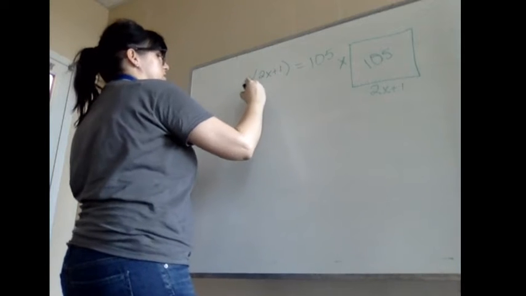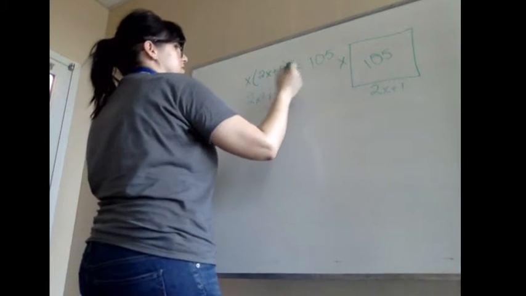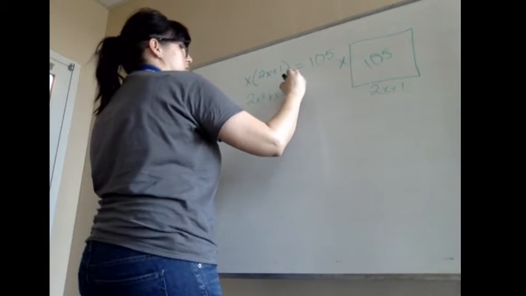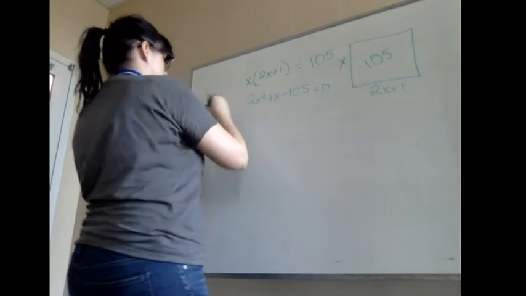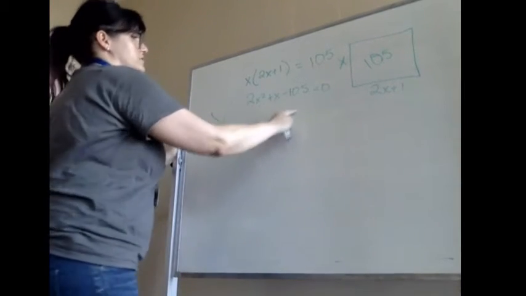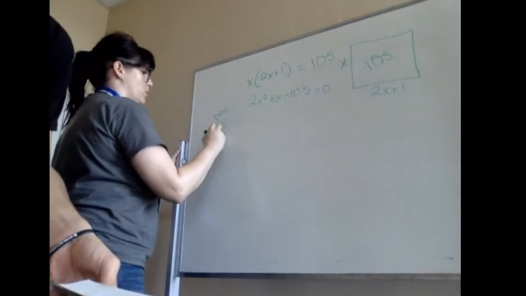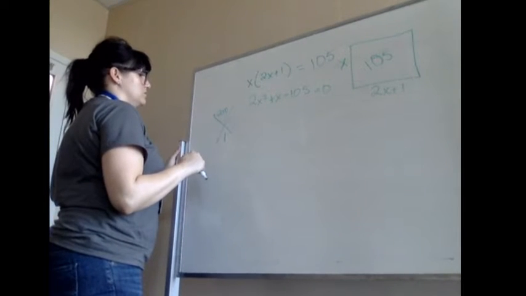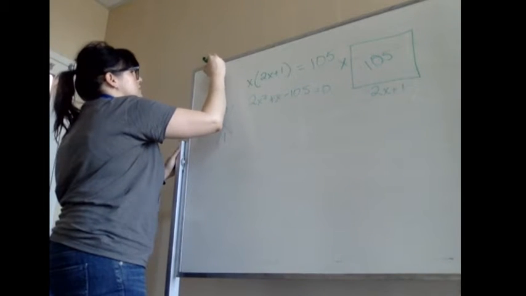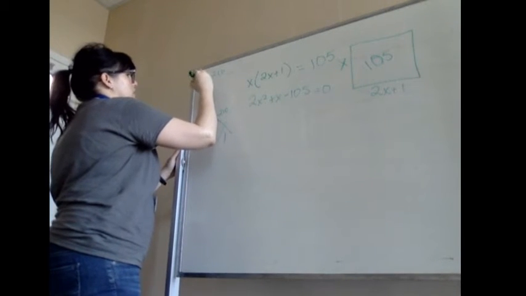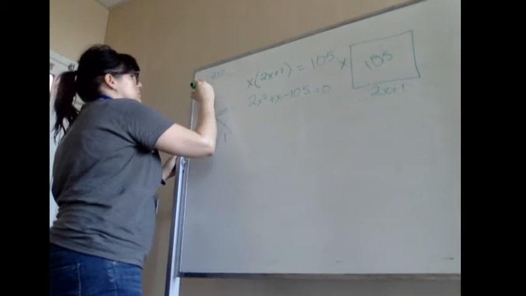So, 2x squared plus x, subtracting this, minus 105 equals 0. Factoring: 2 times 105, which is negative 210, and adds up to 1. So, negative 210. If I factor out a 10, that gives me 21.